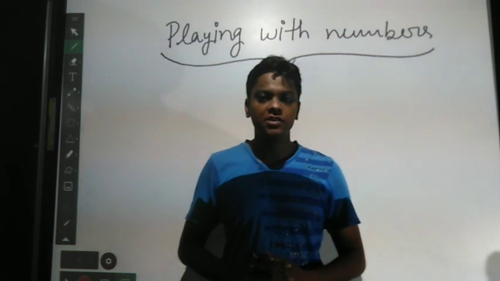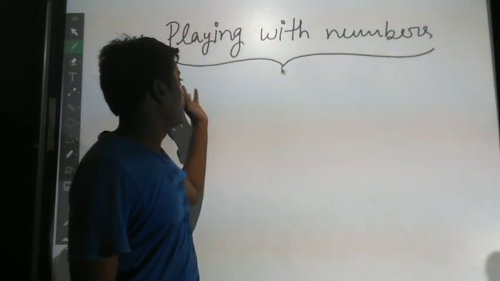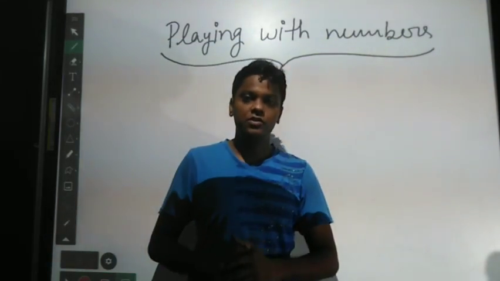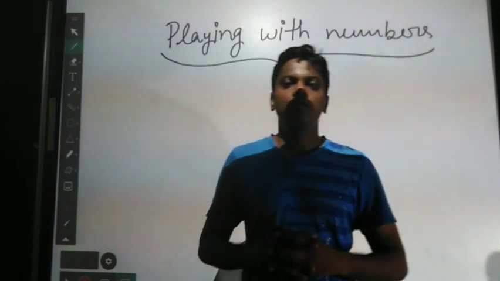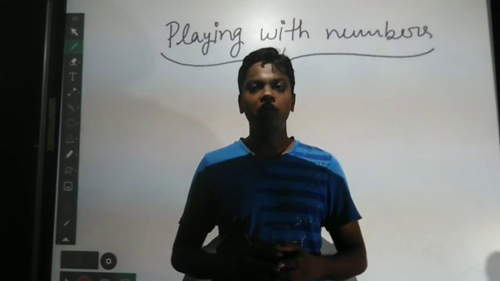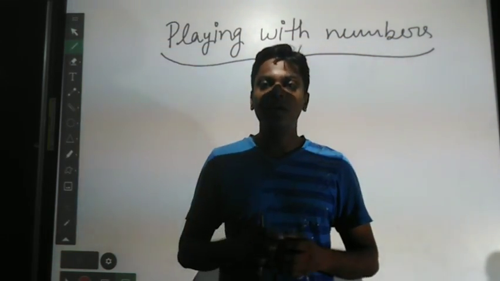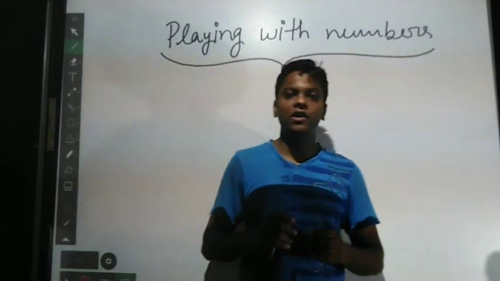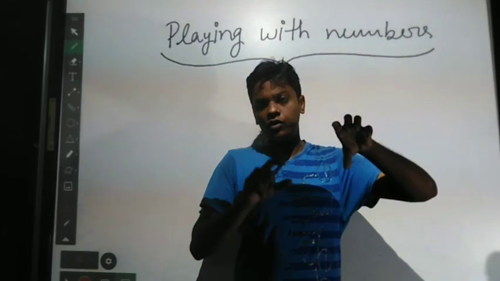Welcome to online classes. This is your maths class, and today we will study your fourth chapter, that is playing with numbers. We have already discussed addition, subtraction, multiplication and all that, but we don't have any particular order for that.